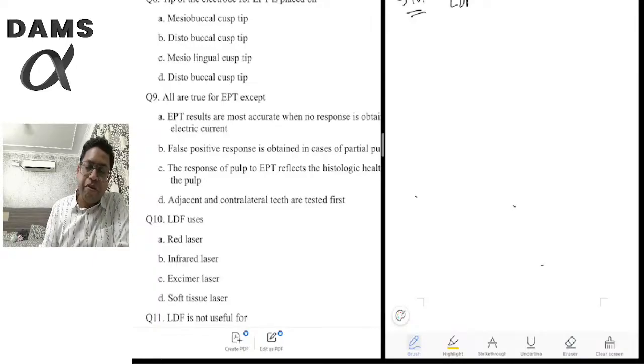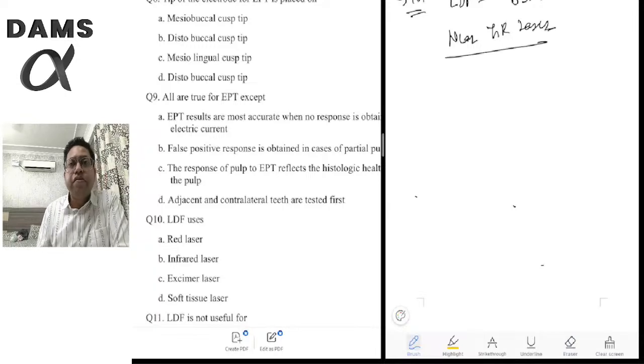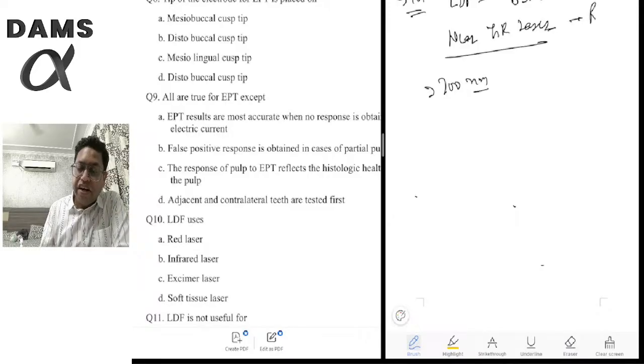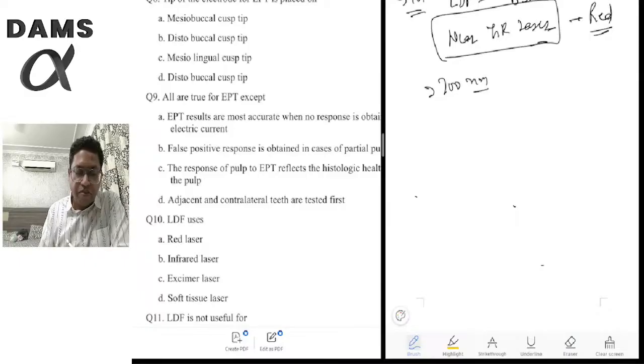For laser Doppler flowmetry, we use a 632.8 nanometer near infrared laser. What is infrared? 700 nanometers onwards is infrared. So this is a red, near infrared laser. Option A would be the answer over here.